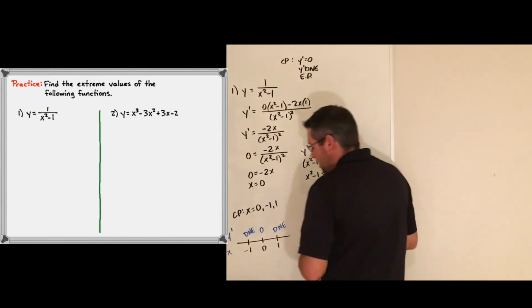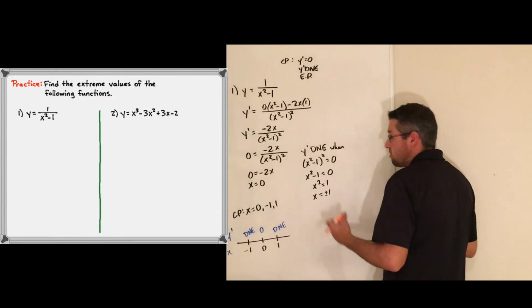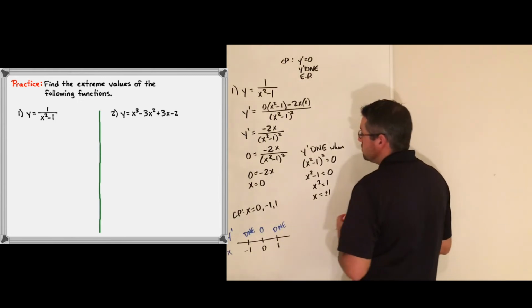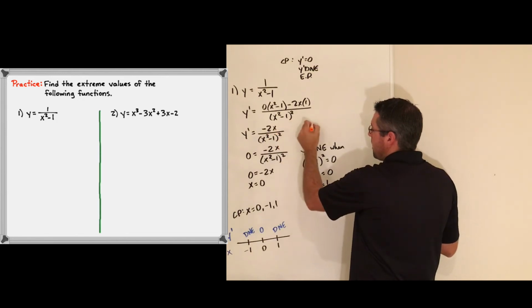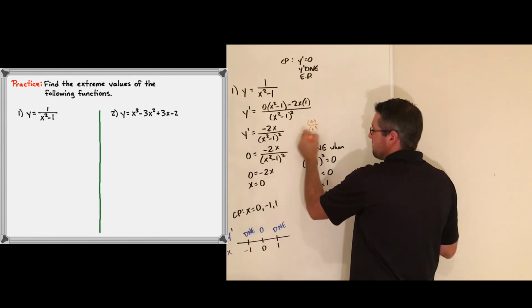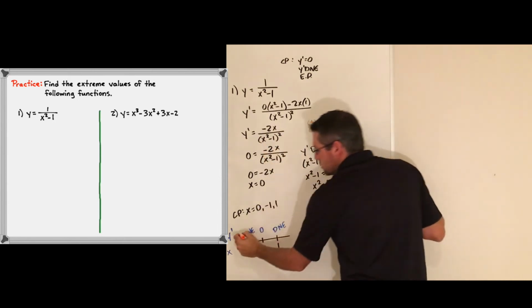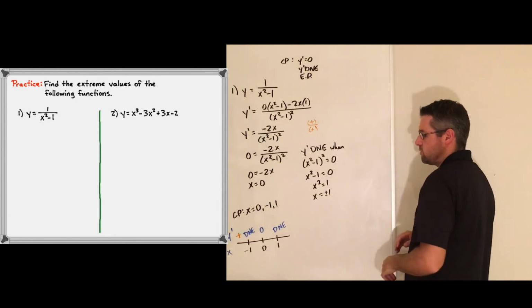For an x value less than -1, if I plug in -2 into the derivative, I end up with a positive value on top, and on the bottom I always get a positive value because I'm squaring my result. So y prime is positive to the left of x equals -1.